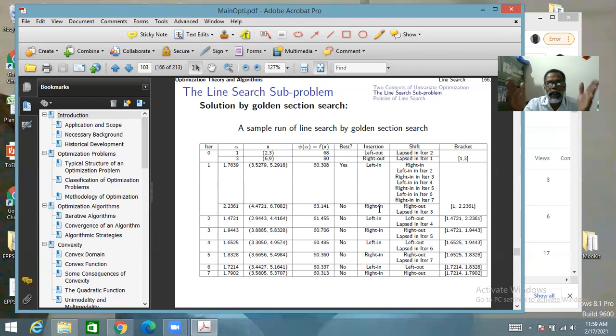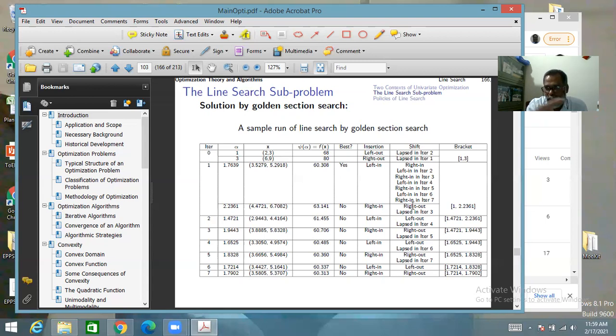Okay, so left in and right in. And then, since this is the best till now, the other one will become the boundary of the next bracket. And this boundary, 3, the upper bound of the current bracket, will go off. So this right in immediately becomes right out.